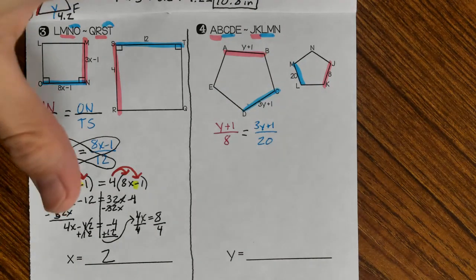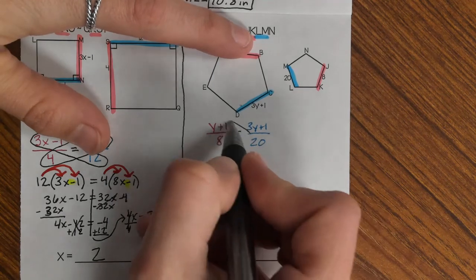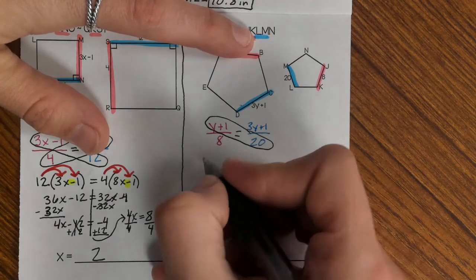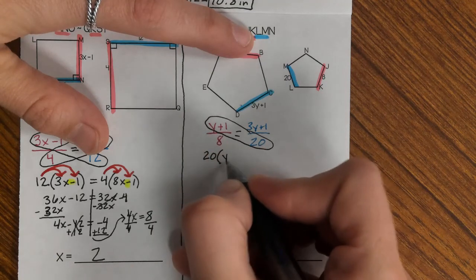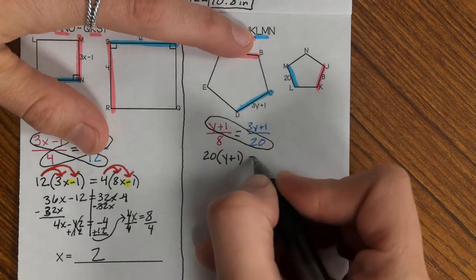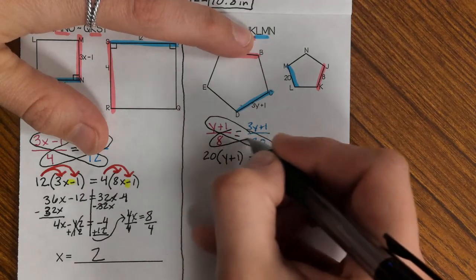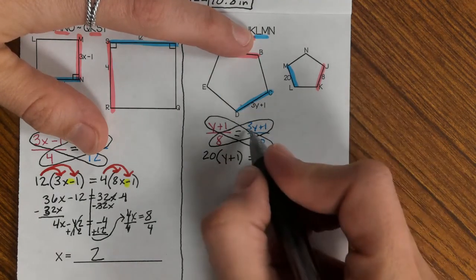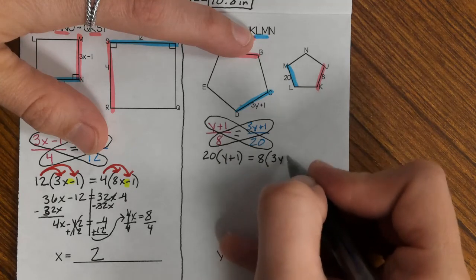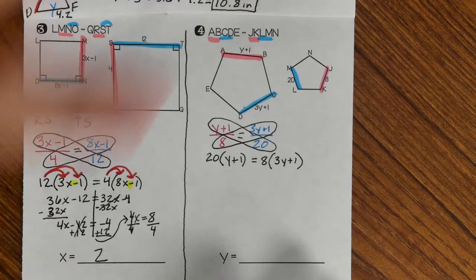We continue on with our cross multiplication here, keeping the 20 on the outside, the y plus 1 on the inside. We will set that equal to the other cross multiplication. 8 on the outside by himself, 3y plus 1 on the inside.